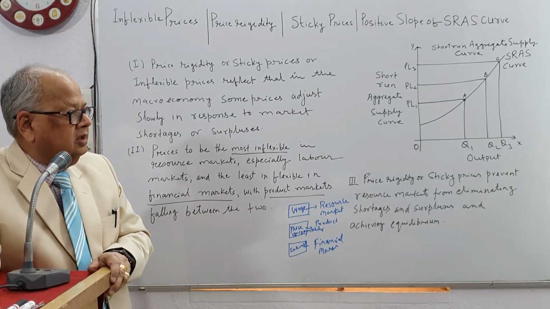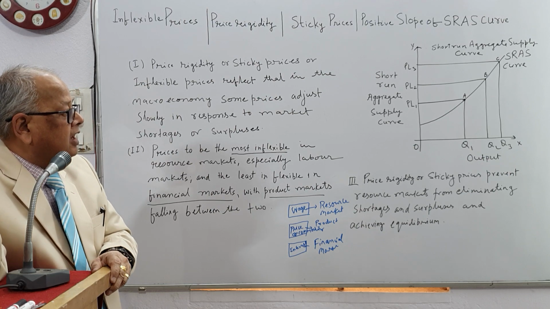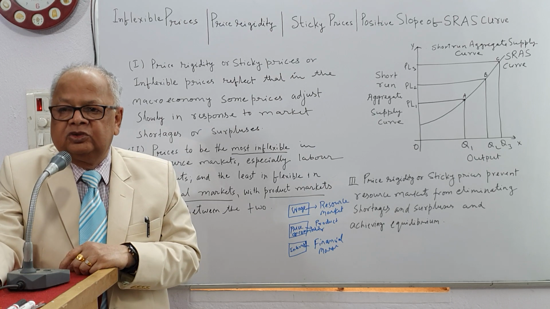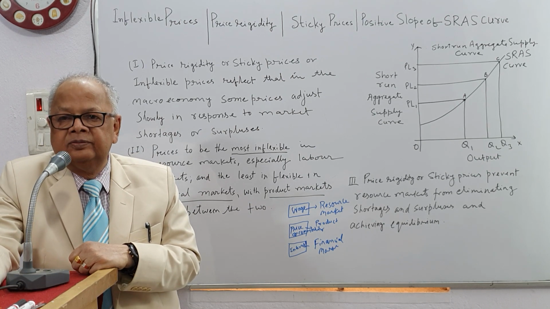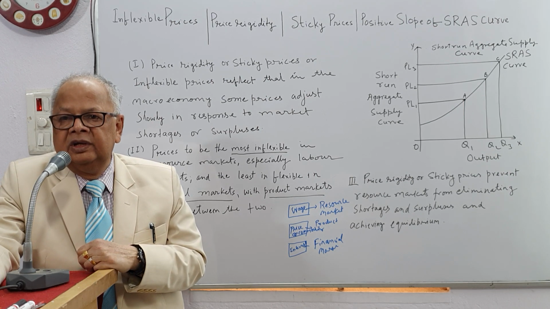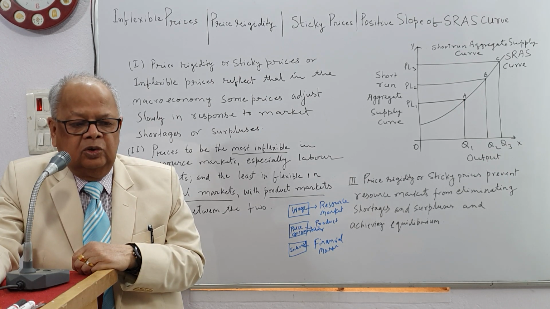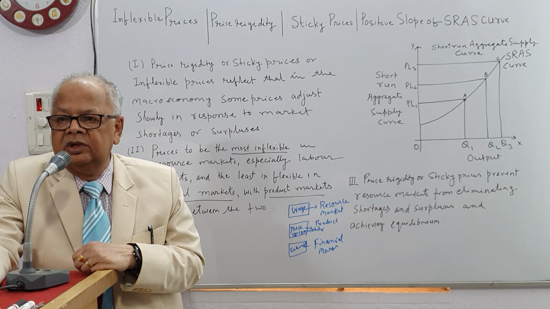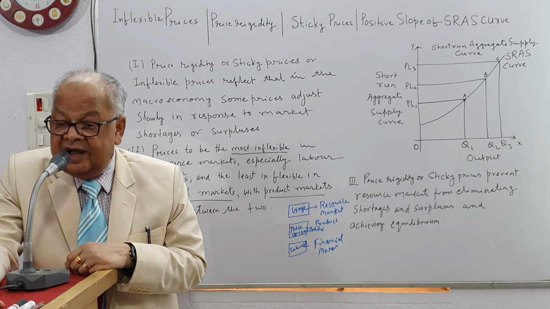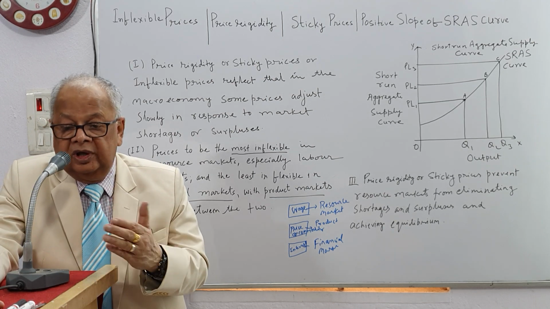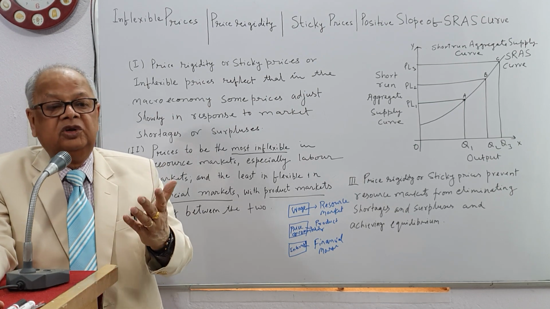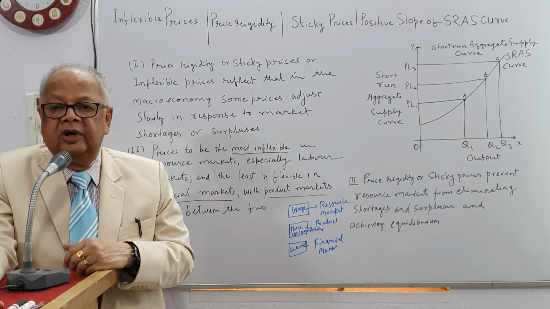Due to this, the short-run aggregate supply curve is upward sloping, positively sloping in macroeconomics, because when aggregate demand falls, at the same time wage is not reduced. There is no wage cut because there is a contract between owner and workers, and a trade union will come forward.